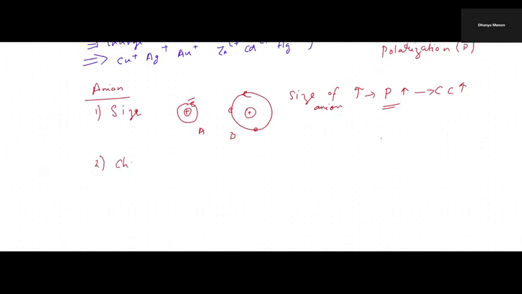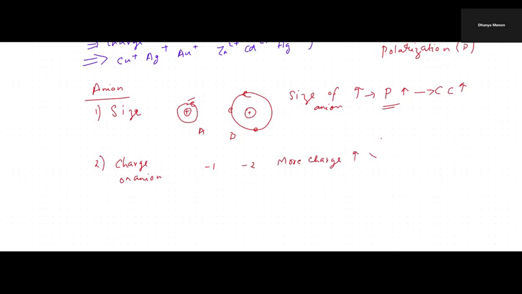Charge on the anion. For example, an anion has -1 charge and -2 charge. Whoever has more charge, polarization is more.